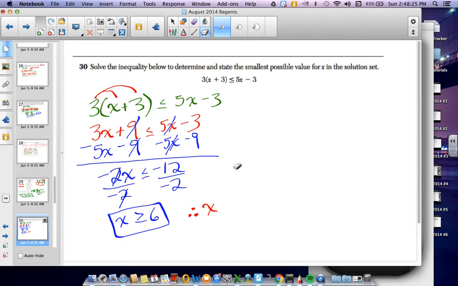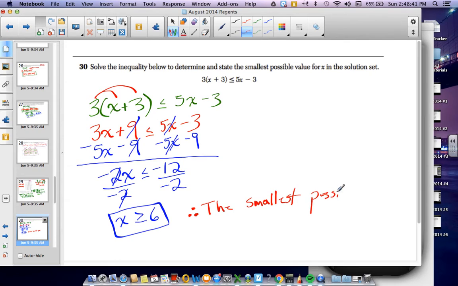The smallest x can be is 6, like we mentioned, because it can be equal to 6. Sometimes they ask for the smallest possible integer. The smallest possible x value is 6.